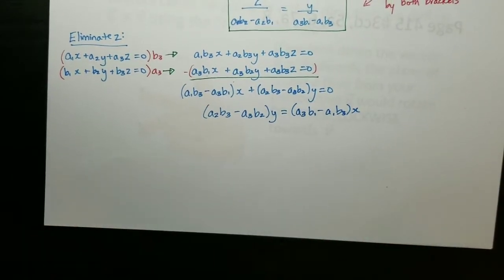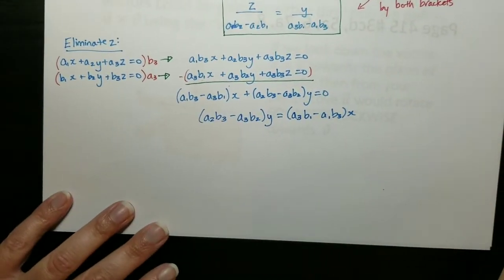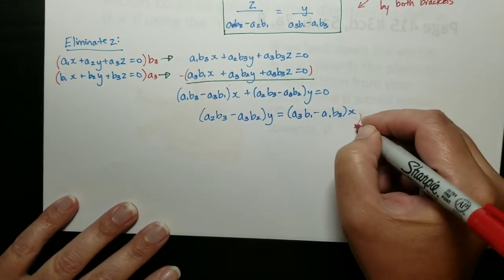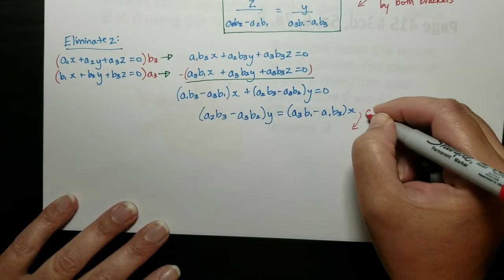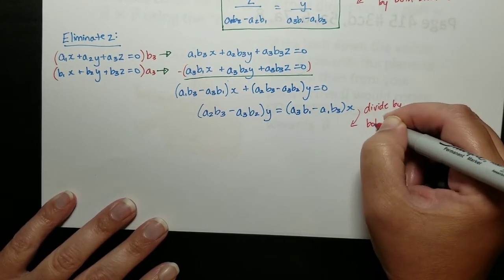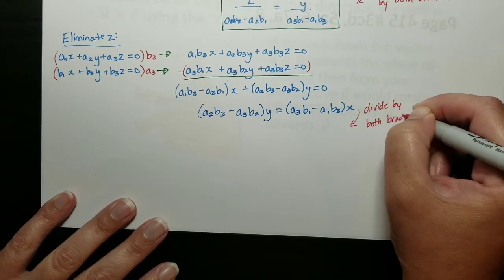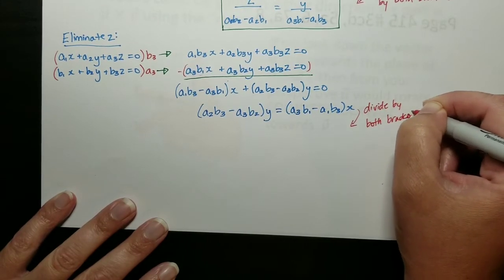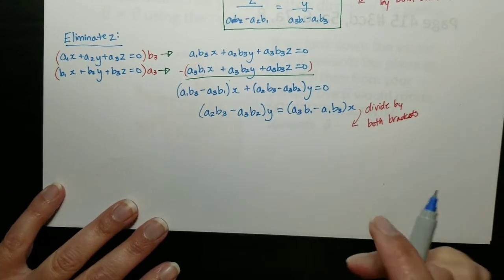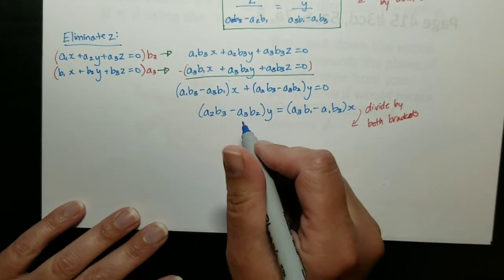And then same idea again, very much in parallel to the other example, I'm going to divide both sides by both brackets. I'm not going to show that out because I'm getting to the end of my page.